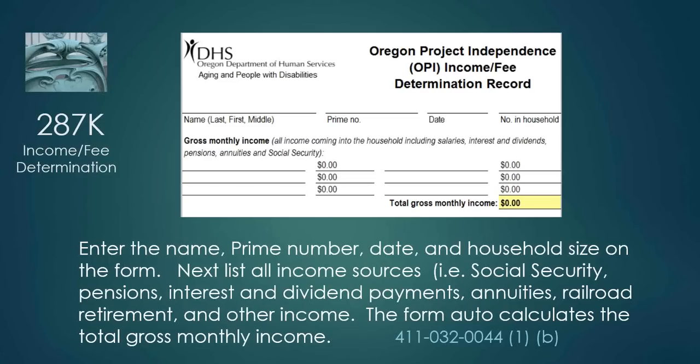We won't generally verify income. That is, we're not going to ask for all the proof of all sources of income. But you'll want to follow your office procedures, because if your office does require documentation for all income sources, then you need to follow your office procedure, first of all.